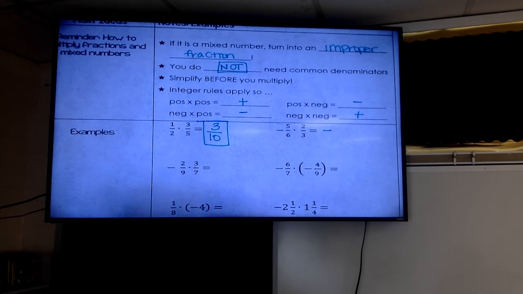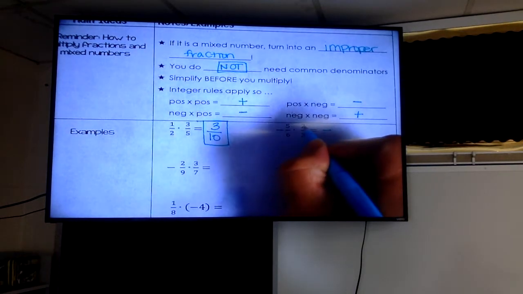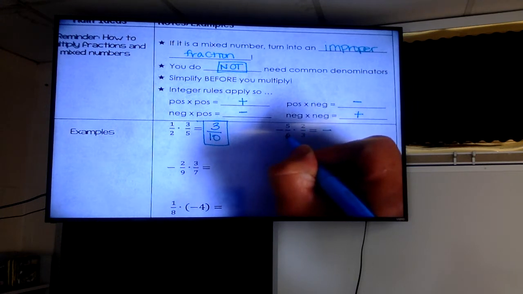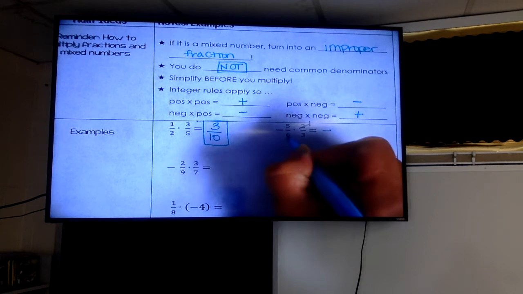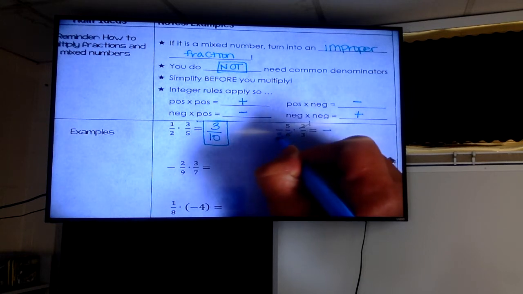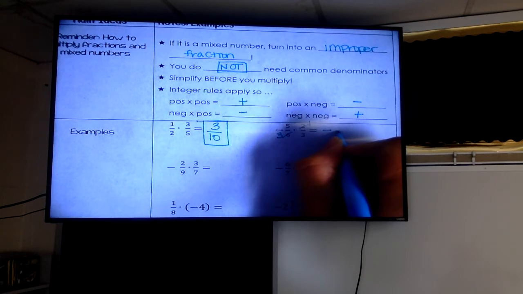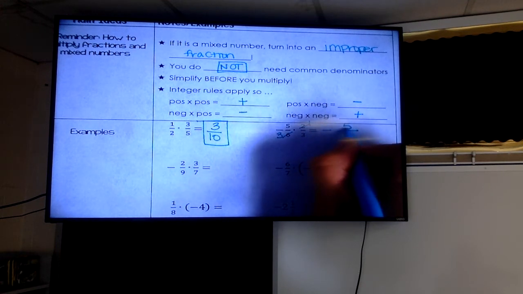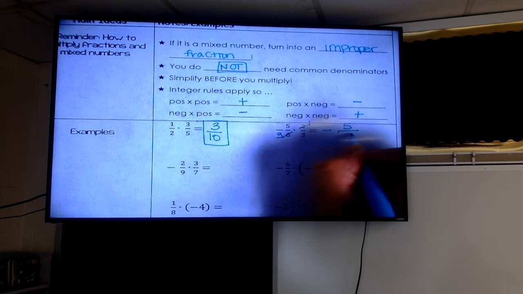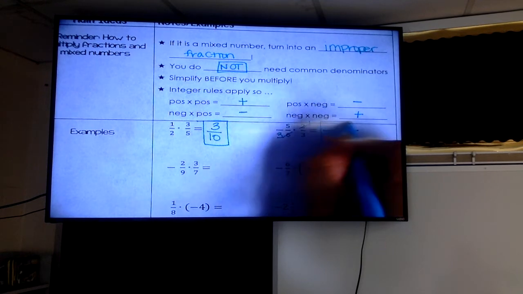Now I'm going to go check and see if anything can be simplified. So I see 2 and 6, and they share a common factor of 2. So 2 divided by 2 is 1, and 6 divided by 2 is 3. And now I'm just going to multiply across. So I have 5 times 1 is 5, and 3 times 3 is 9. So my answer is negative 5/9.